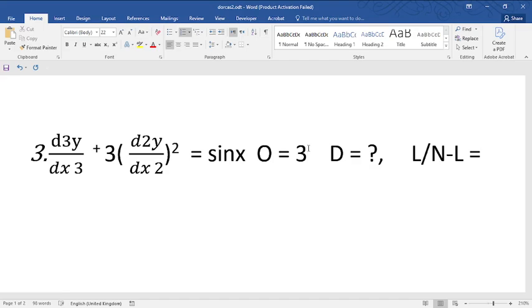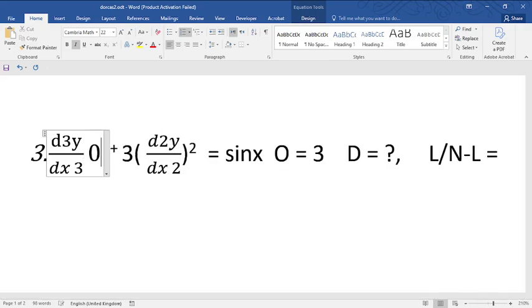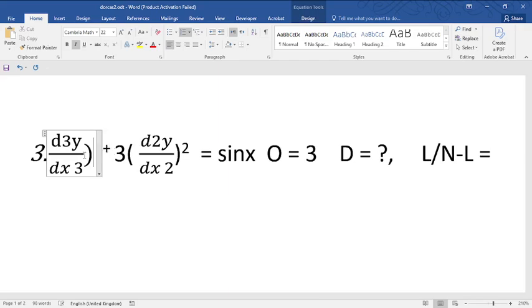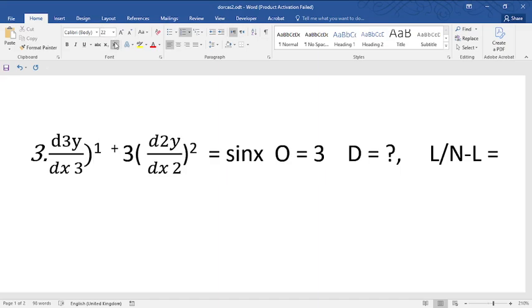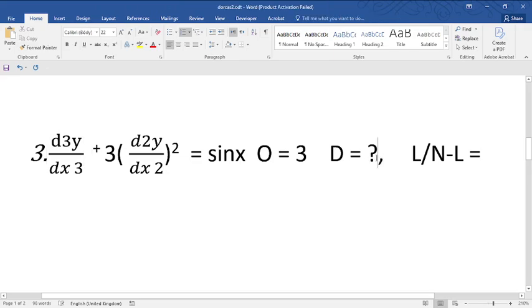For the degree, you just have to go back to where you get your highest differential coefficient and check it is raised to power what. This one I've already told you that you can say it is raised to power 1 since they did not put any power, and then anything raised to power 1 is still itself. That's the reason why they can just write it like this. Meanwhile, your degree is going to be equals to 1.